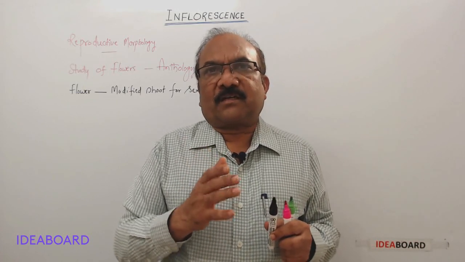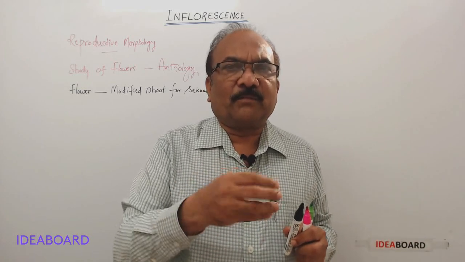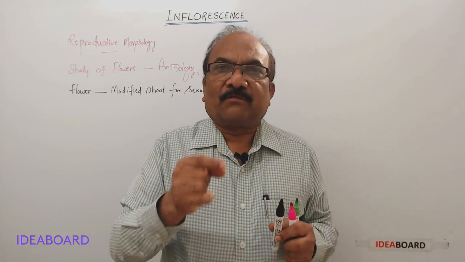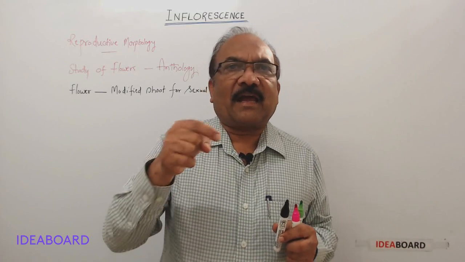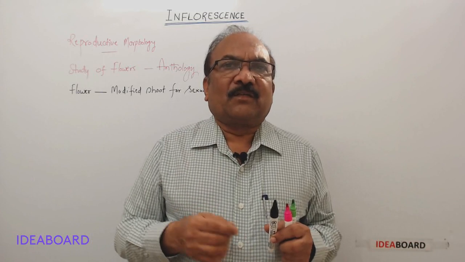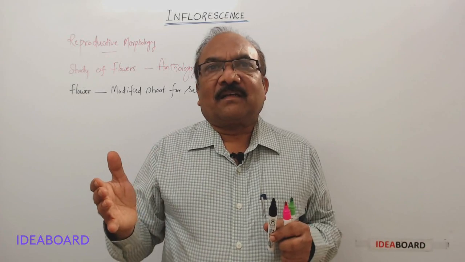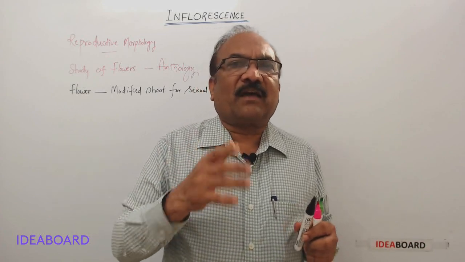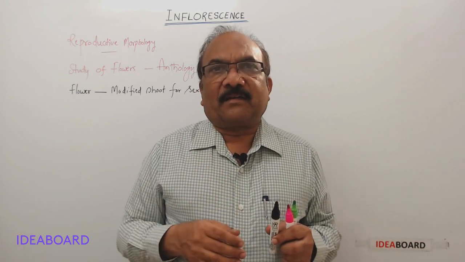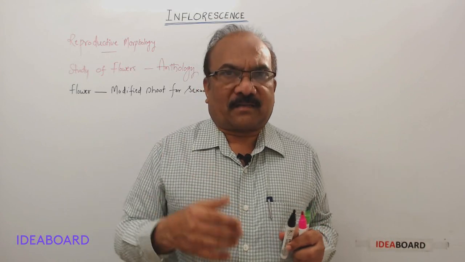Check in any plant whenever it is blooming, where that flower is present. You may find the flower either in the axil of the leaf or at the tip of the branch. So that indicates what structure has become a flower. It is either the axillary bud or the terminal bud that is modified into a flower.